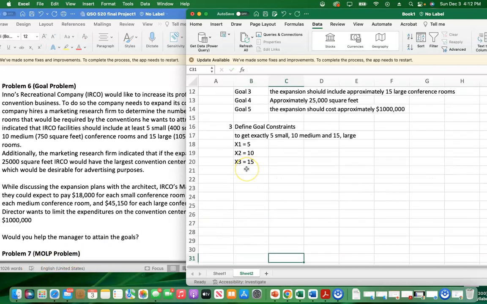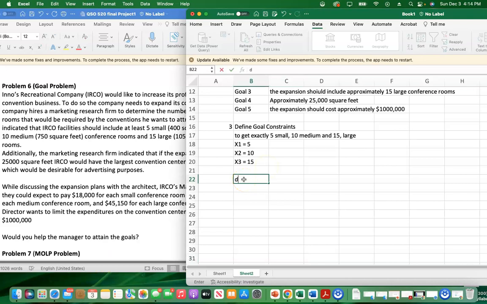Then we will use deviational variables to show the approximation of achieving the goal. You can see we were using approximately for all the 5 goals, and so that means we allow some fluctuations, a little bit more and a little bit less. So we will use deviation variables in these constraints.